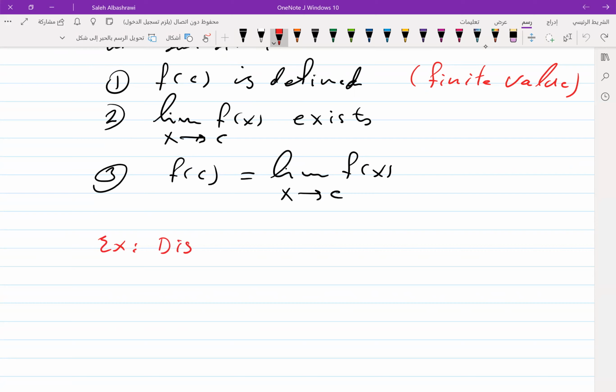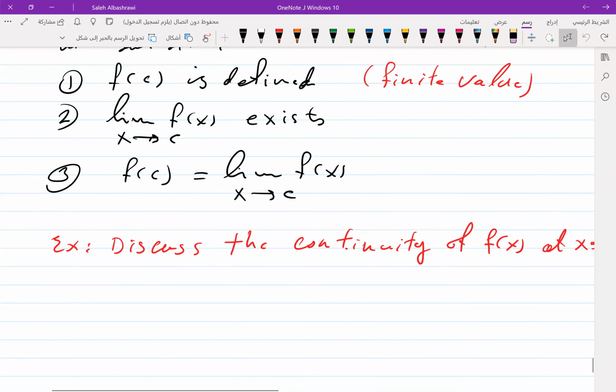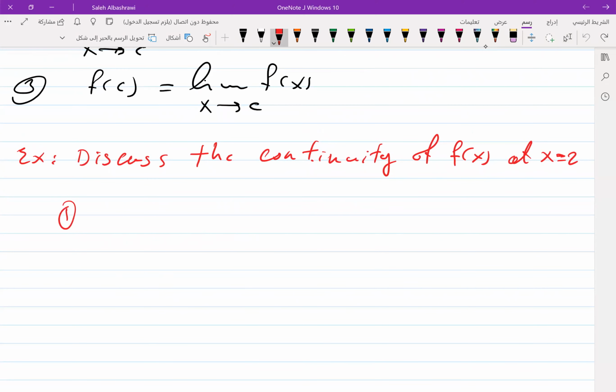Discuss the continuity of f of x at x equal to 2. f of x equals x minus 3 divided by x squared minus 4.